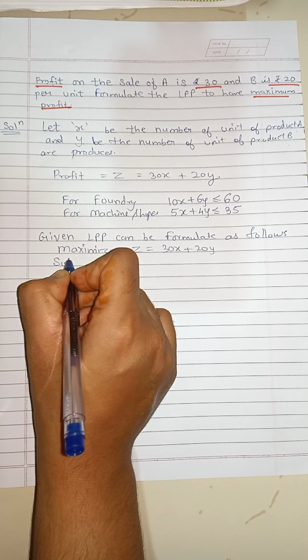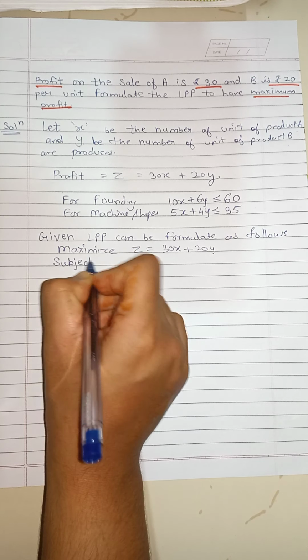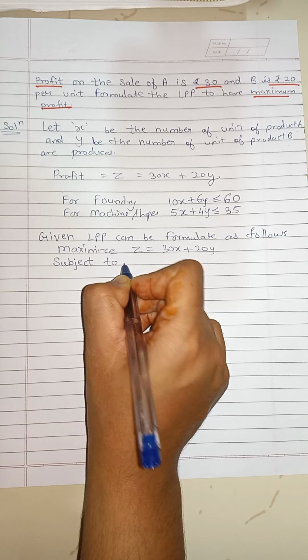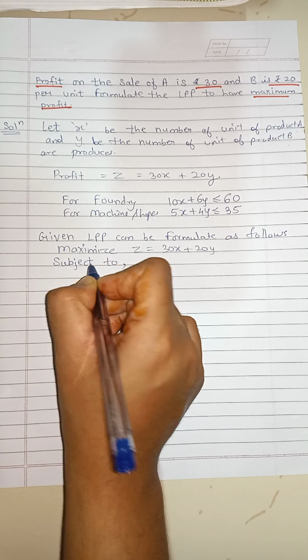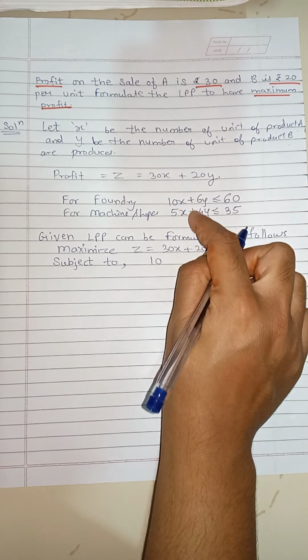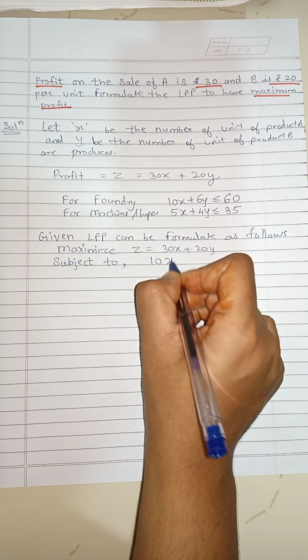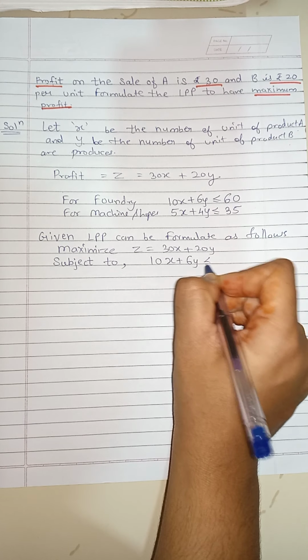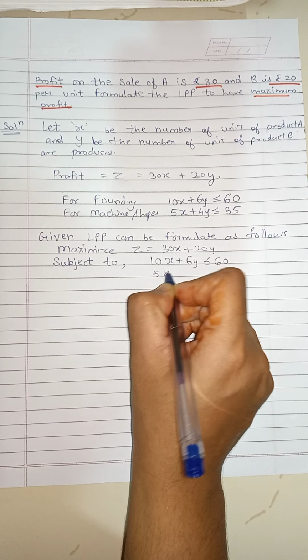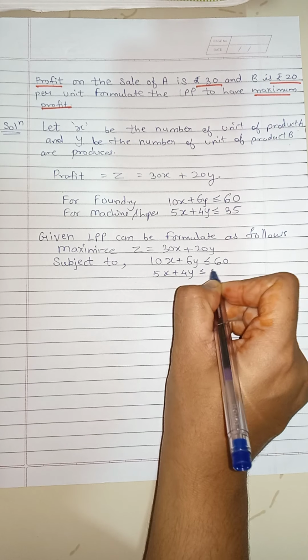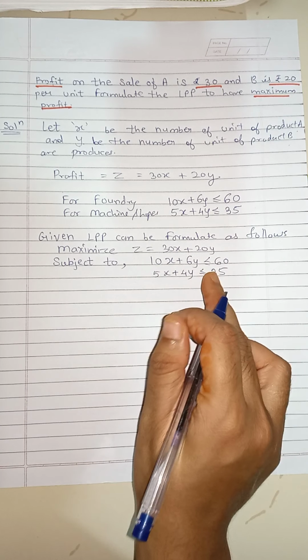Now we have to write down the constraints. The constraints are written after 'subject to', and they are nothing but the conditions, which is very important to write down.